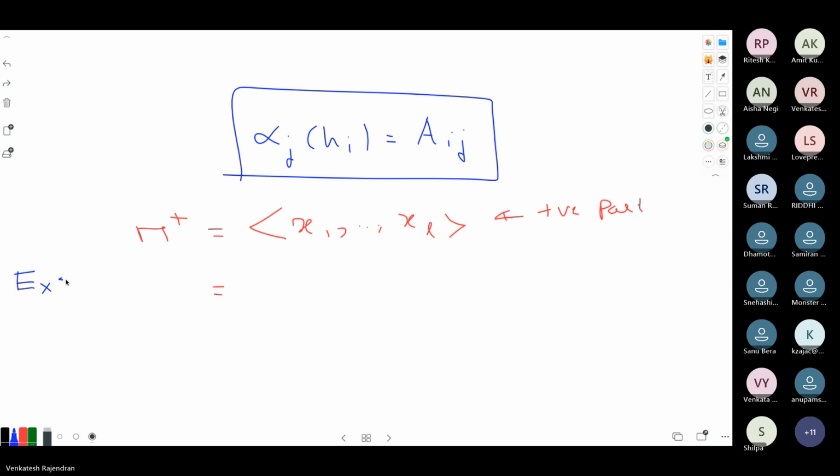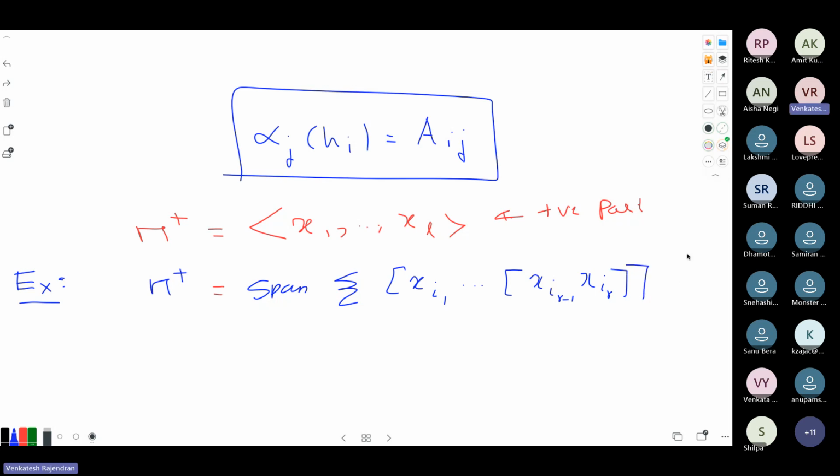It's a nice exercise. The n plus is indeed spanned by all the right-normed elements, the brackets of xi1, etc., xir, where you just run over all of them. All possible right-normed brackets you take, the span of that will be n plus.